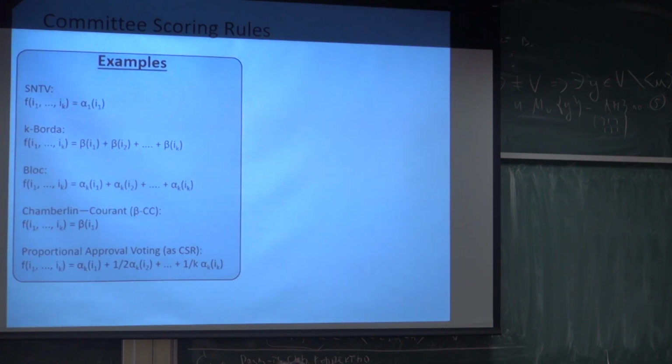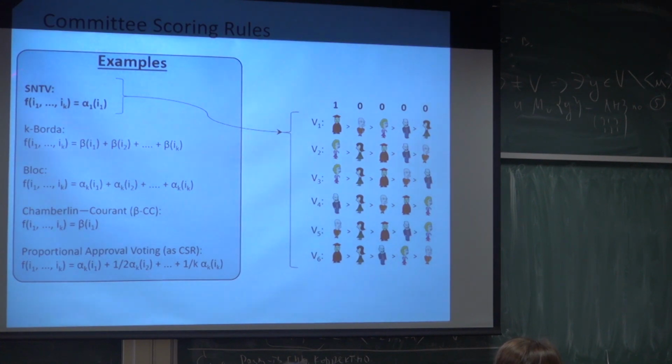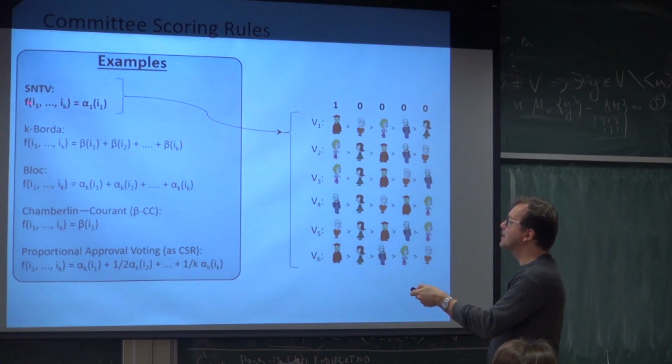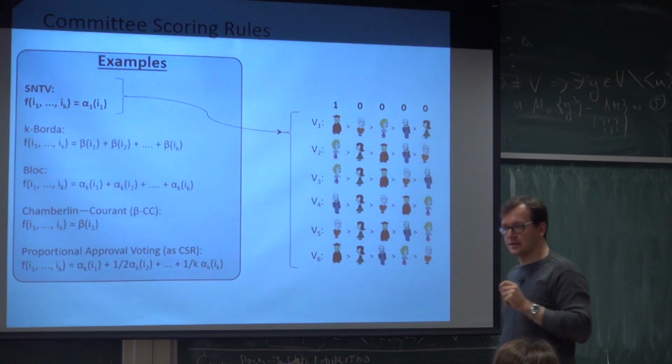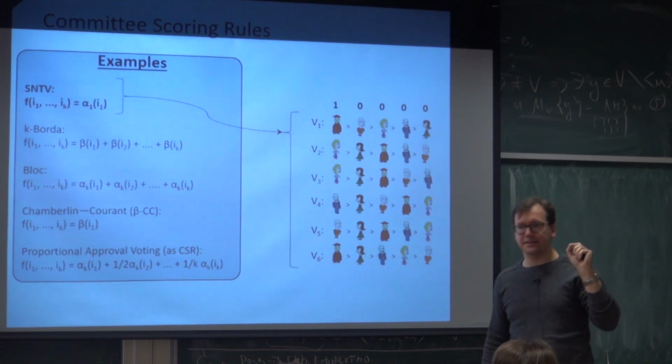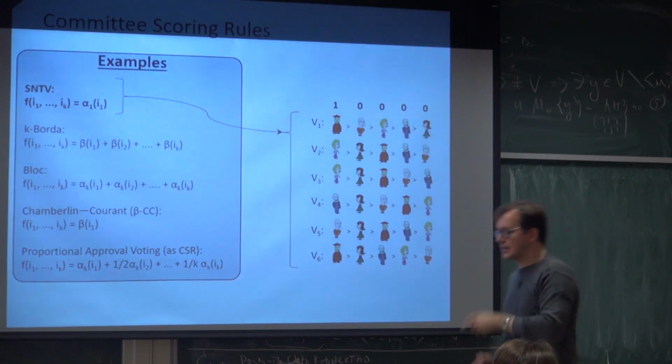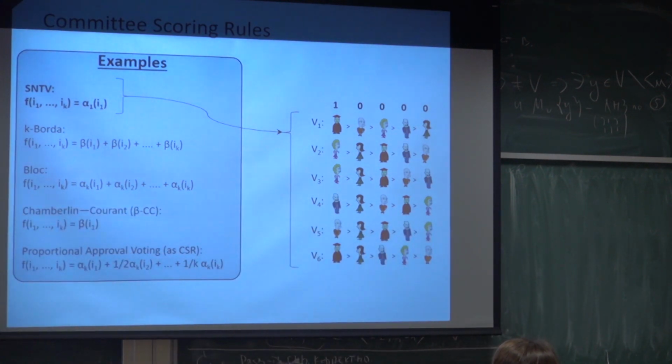And now we have some examples of committee scoring rules. The first 3 things you have seen already, the next 2 are new. So again, SNTV is the plurality. It uses a scoring function which simply says, if these are positions of the committee members, I'm giving approval 1 score to the highest ranked candidate.